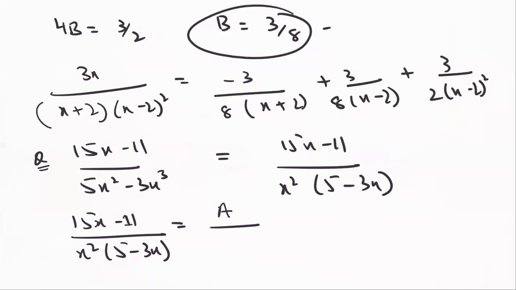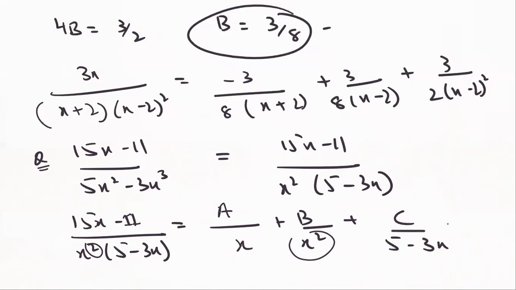So looking at it in that sense as well, we can write it a over x plus b over x square. Why? Because whenever there is a quadratic function, we write two values, right? First without the power, then with the power, and then we write c over 5 minus 3x. Okay? I will be asking you guys to solve this question at home and look at other questions as well.